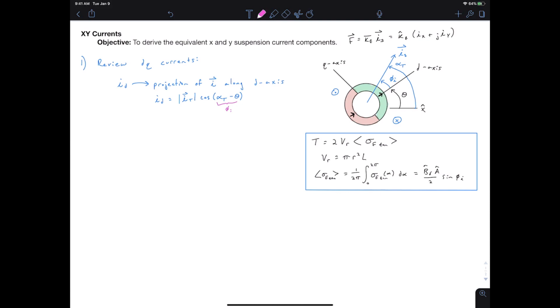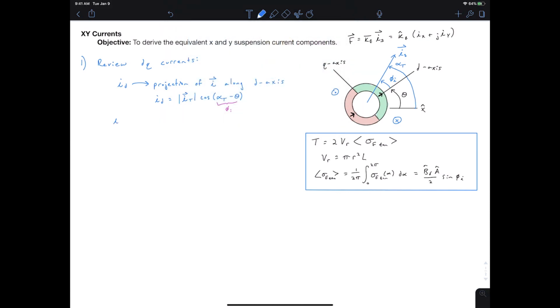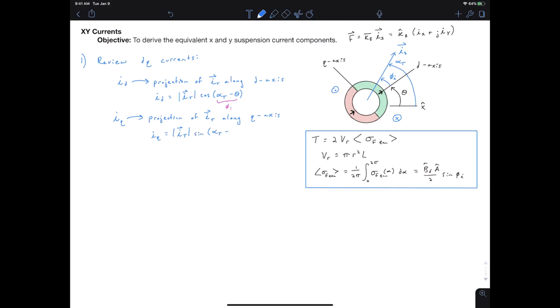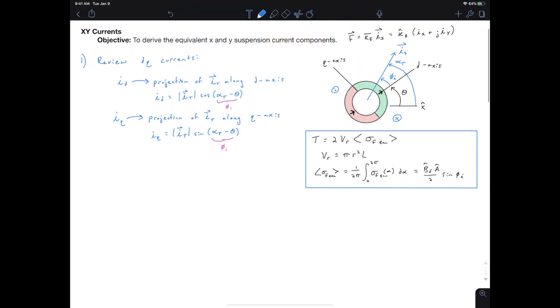So that is at this angle of phi I. And we can do the same thing for our Q axis current. As we talked about in our previous video, our Q axis current is used to create torque. And we can see that directly from our torque results right here. Q axis current is our current space vector magnitude times the sine of phi I, which we have right here.